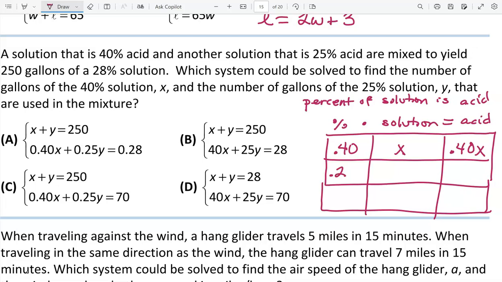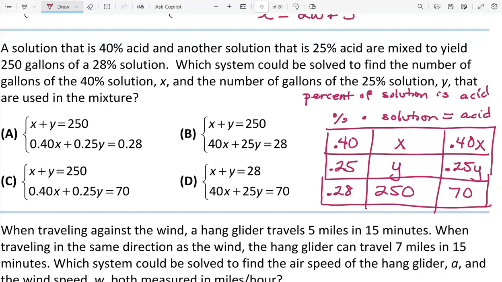The acid content of the second solution is 25%, so written as a decimal, that percent is 0.25. And the amount of that solution is y, so the acid content for that solution is 0.25 times y. The mixture is going to be a 28% solution, so 0.28 is the percent, and there are 250 gallons of that mixture. 0.28 times 250 is equal to 70.